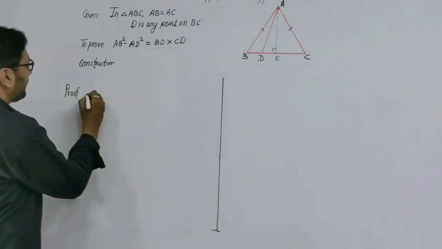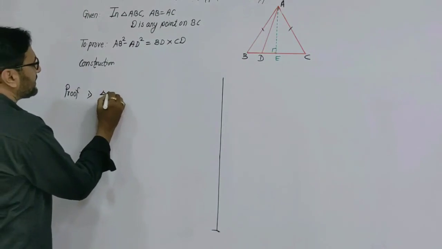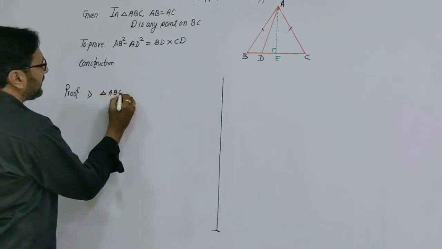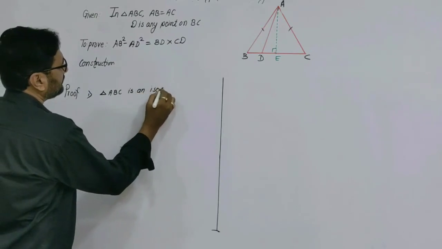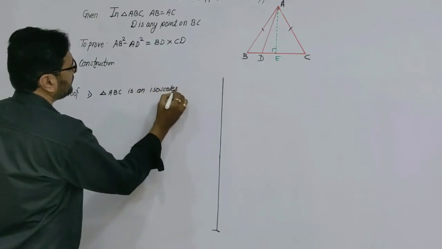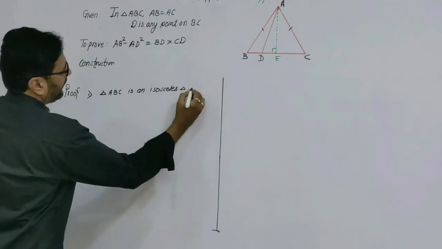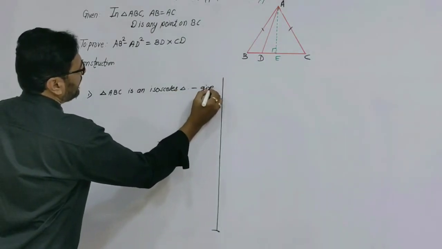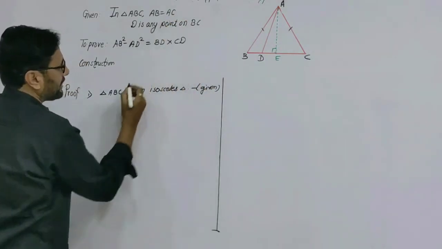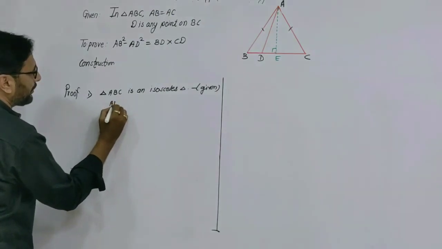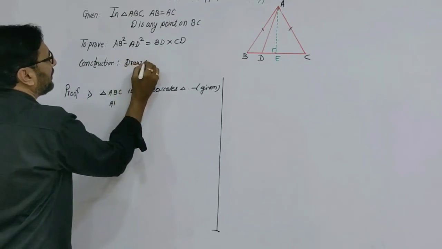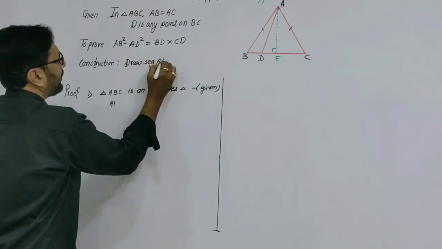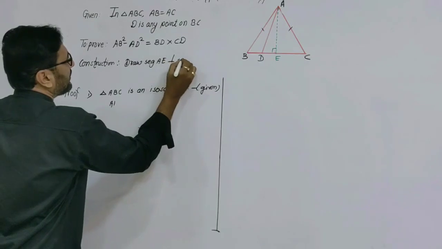You know, triangle ABC is an isosceles triangle, given because AB is equal to AC. And AE is perpendicular, I will write construction over here. Draw segment AE perpendicular to segment BC.